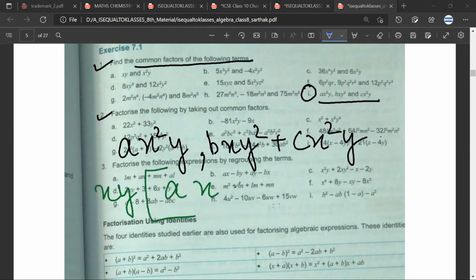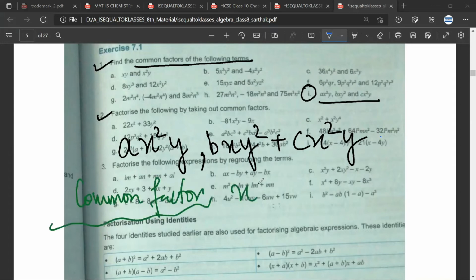In this question, all I need to do is just write the common factor as xy. So this is my final answer. Any doubt? No, sir. So that is all that we need to do in question number 1.